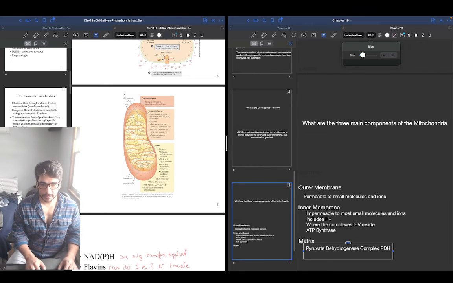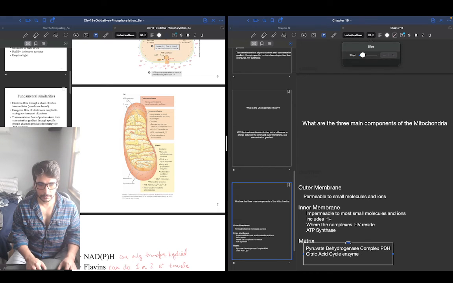There is the citric acid cycle enzyme, citric acid cycle enzyme. Fatty acid beta oxidation enzymes.